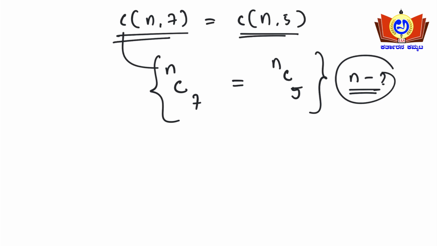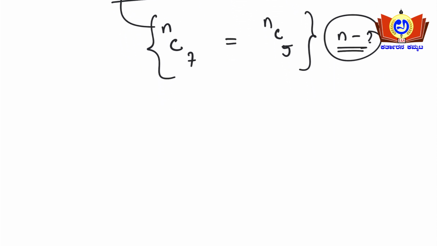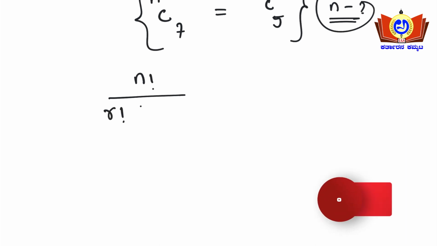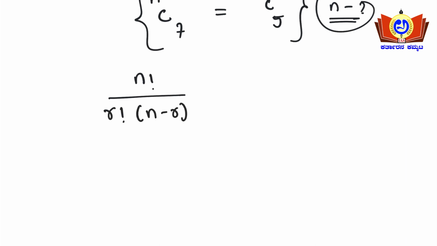According to the formula, first I'll deal with the formula method, then the shortcut method. By seeing the question itself, without using pen and paper, you will be able to answer in the shortcut method. The formula method is nCr equals n factorial upon r factorial into n minus r factorial.